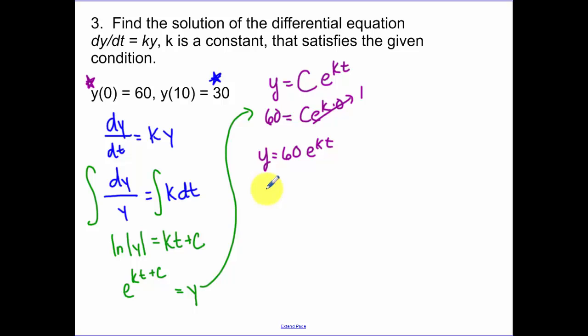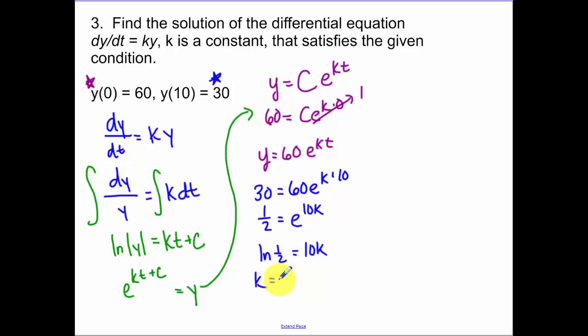Now let's use this initial condition. y is equal to 30 when t is equal to 10. I divide both sides by 60. I use my natural logarithms to solve. Actually, I don't need those absolute values in there. I was thinking of my derivatives. ln of 1/2 is equal to 10k.